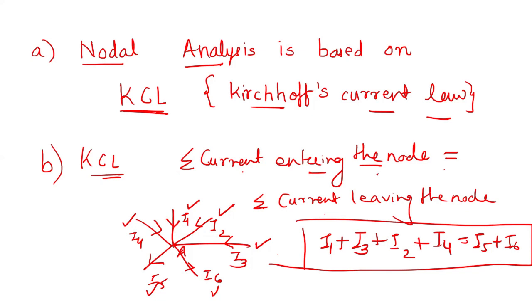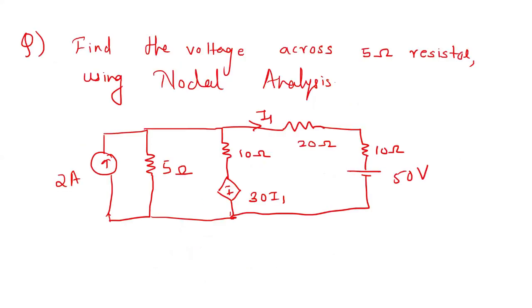Nodal analysis depends upon KCL, Kirchhoff's current law, which says the algebraic sum of current entering the node is equal to the algebraic sum of current leaving the node. So that's it. Now we'll try to solve one question by nodal analysis. Please go through the question once and make a note of it.